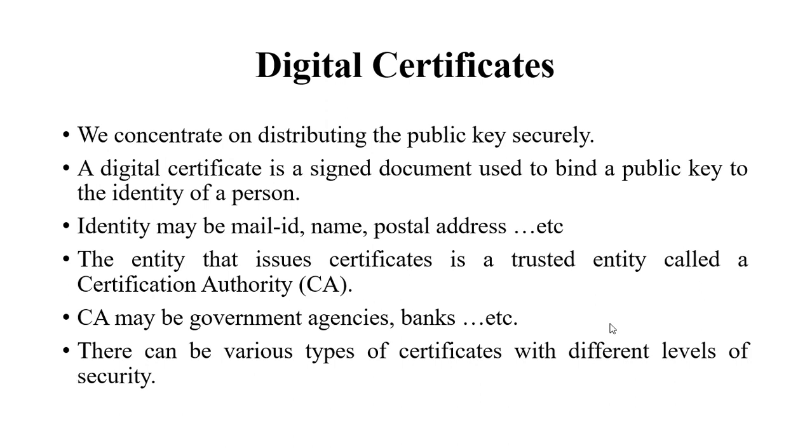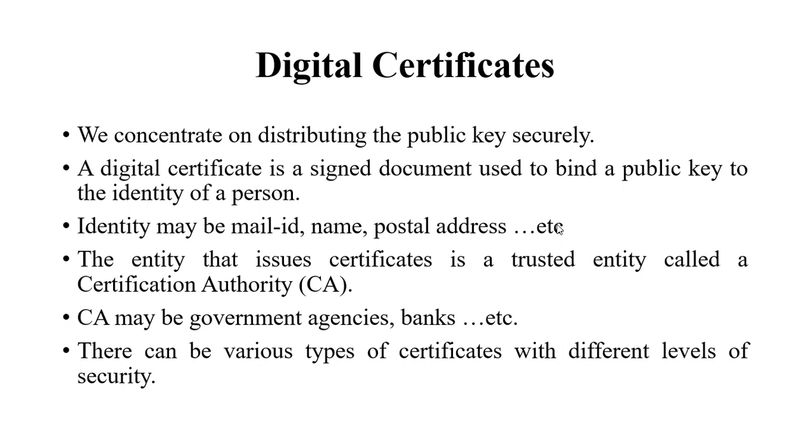And to know that the public key definitely belongs to a person to whom it is intended to be, the digital certificates are to be generated. And these digital certificates are signed documents that binds the public key to the identity of the person. So this identity may be mail ID, name or postal address or anything.